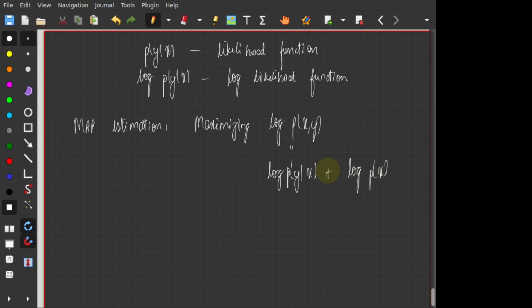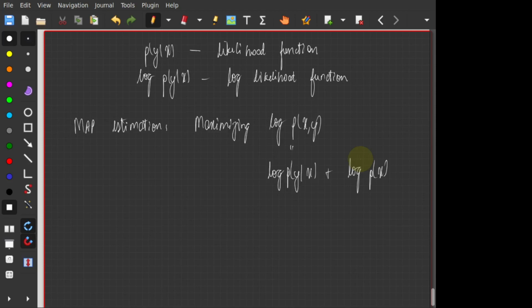There's a reason why I'm writing it in this particular fashion. We'll see that a little bit later. But remember, you're maximizing it over x, right? I'm writing it as the log likelihood function plus some other quantity.